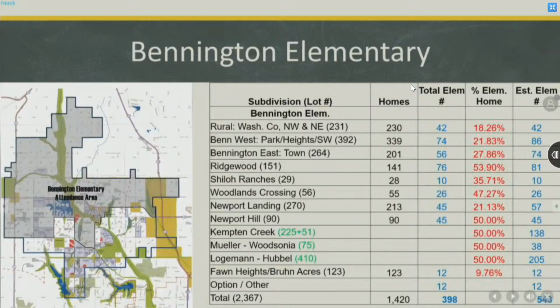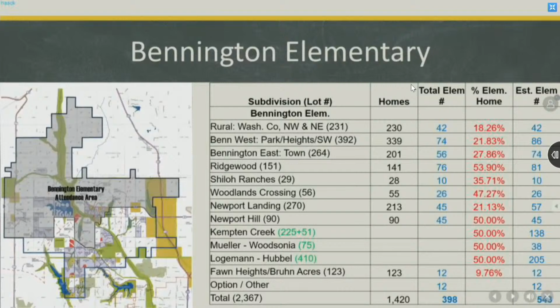We take that red number, the percentage, take it times the number of lots, 270, and what we project is 57 elementary students. Now, if you look down at the bottom, which you can't see if you're here, we have 398 students currently in Bennington Elementary.